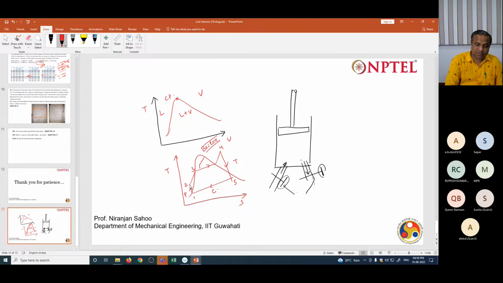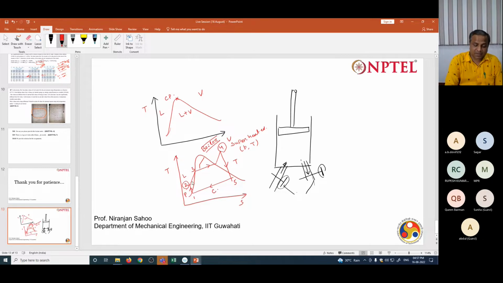Basically, liquid water is pumped from state 2 to the turbine inlet state 4. Through this process, the condition here is liquid, and here it is superheated. Superheated means both pressure and temperature have increased.